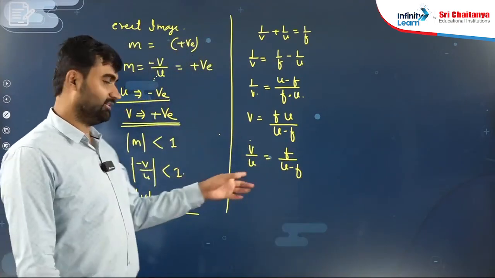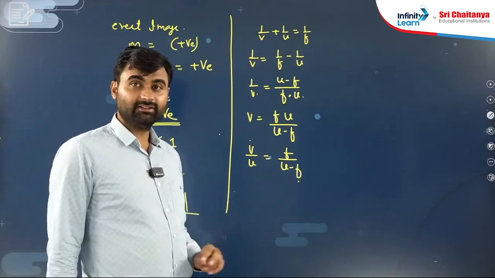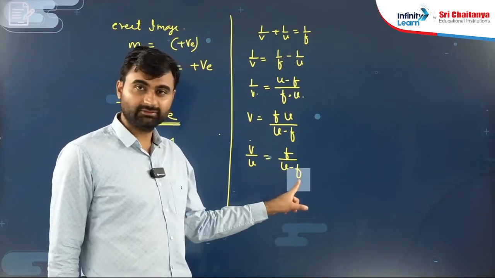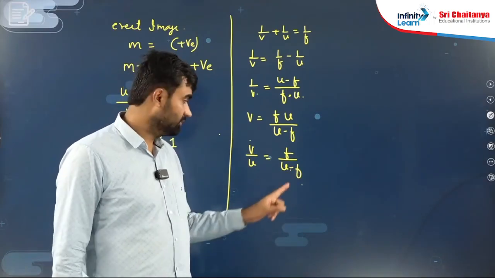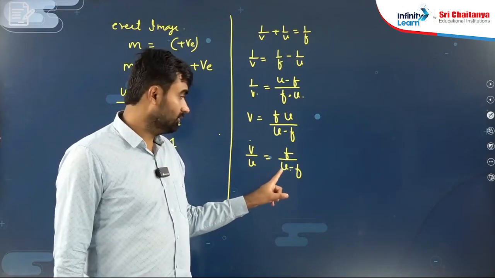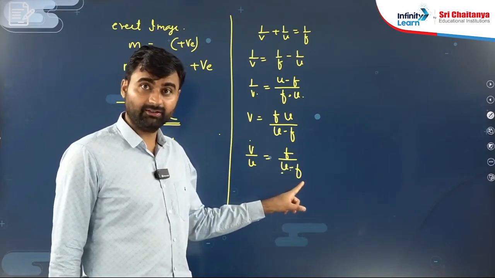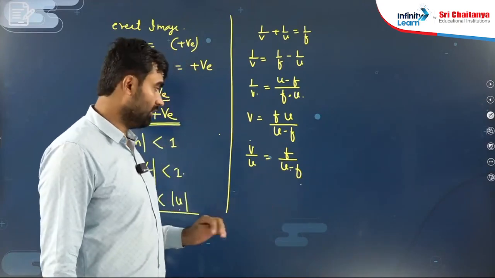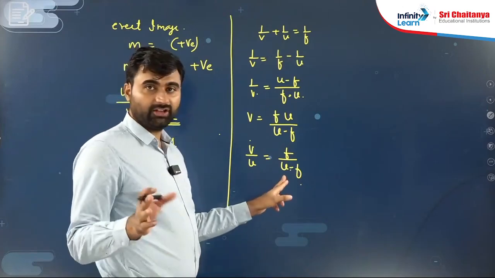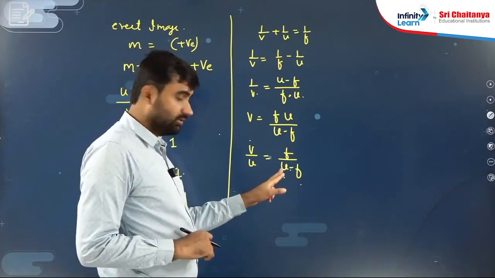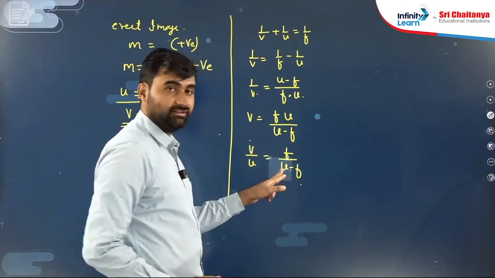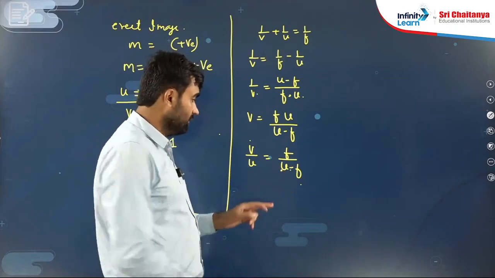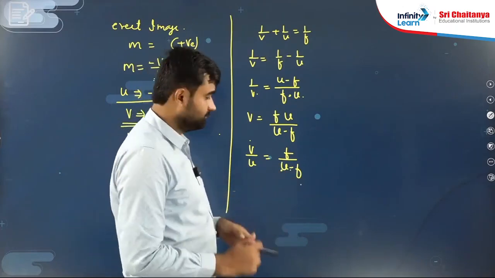Now you can understand here. Focal length is negative for which mirror? Concave. So negative, negative, positive. The u value is negative in all cases. The f value, focal length, is positive for convex and negative for concave. So take convex.